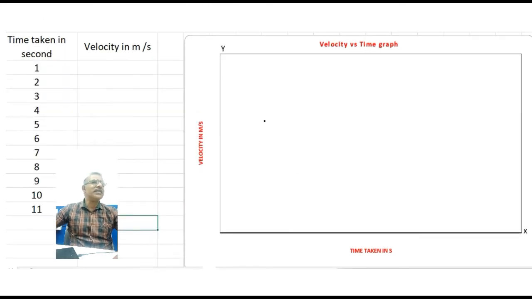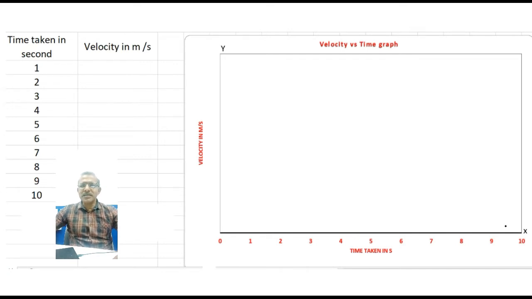So we shall start with time in second, and we have equal intervals of time from 1 to 11. We can even take till 10. Now let us see. We will distribute this time in seconds on x-axis. So when we distribute, we will have all time values on x-axis.